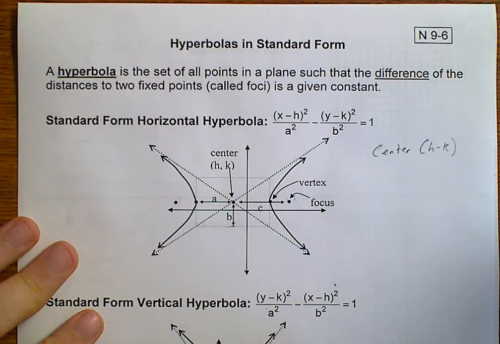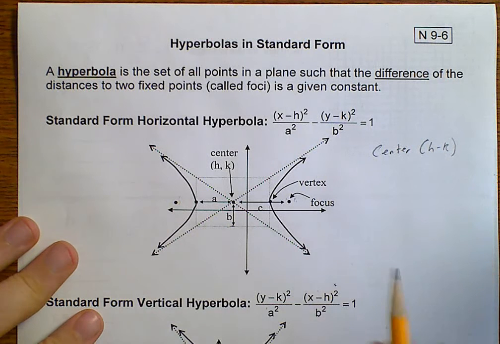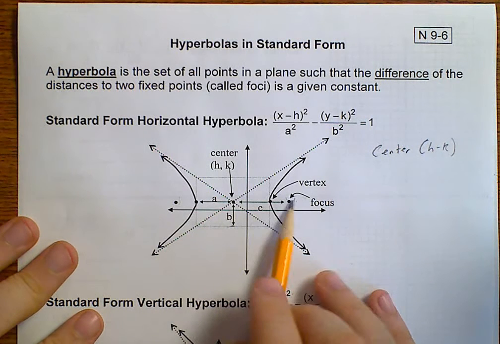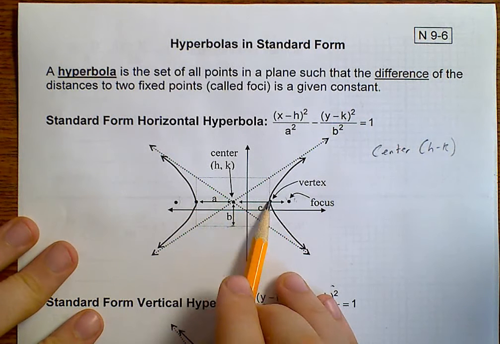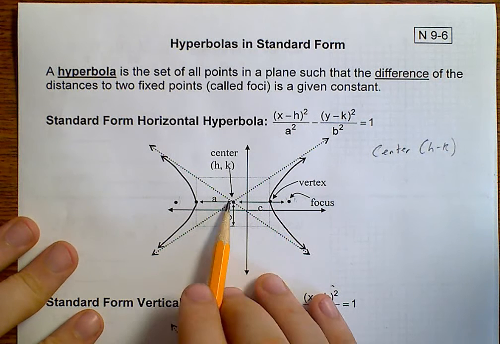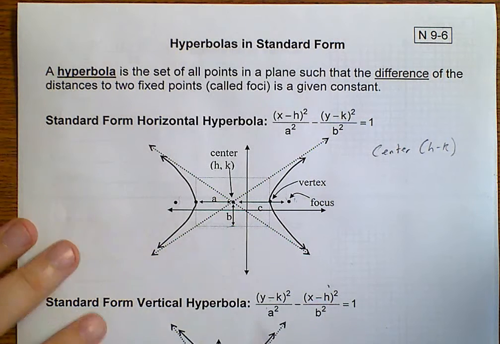And in fact, the foci, as far as we're concerned for graphing them, are really just points that we're going to put out there. But c is the distance from the center to your focus. So a will take you just to the vertex, but c will take you all the way to the focus, and we use a and b to draw our box.